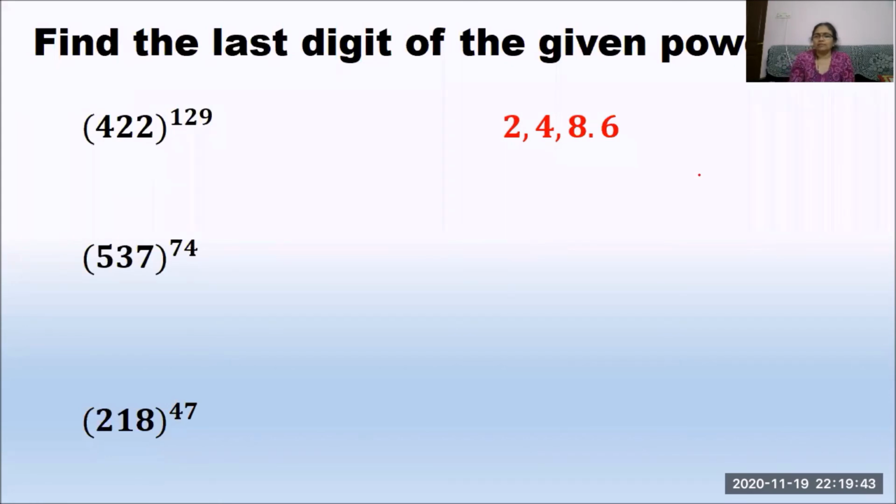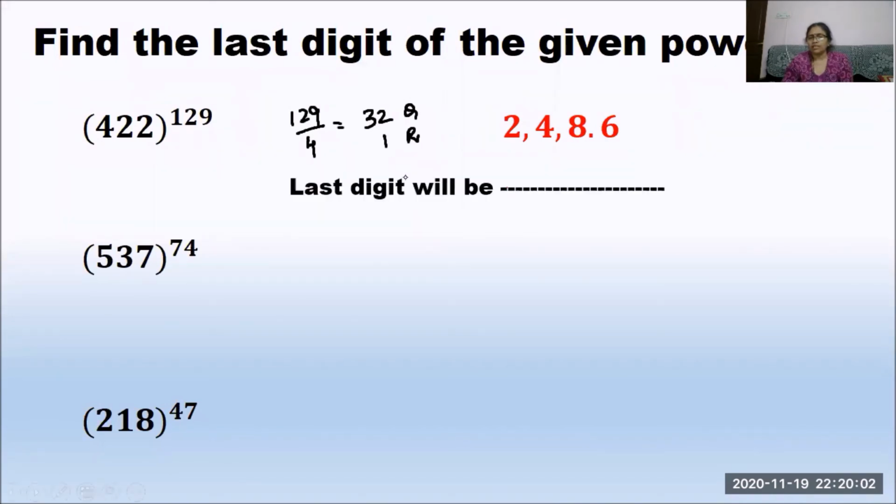We divide 129 by 4. The quotient is 32 and the remainder is 1. The quotient will be nullified and the remainder will be taken. So the last digit is 2 to the power 1, that is 2.